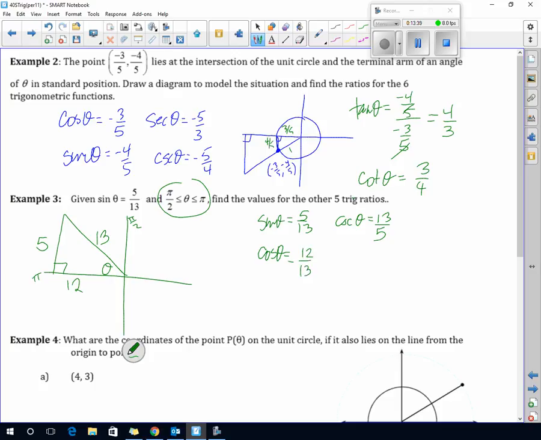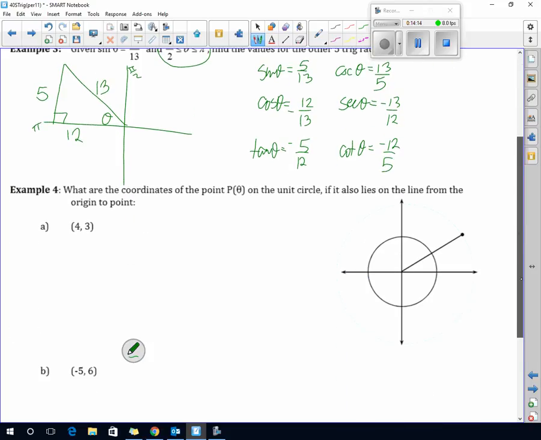Negative, and the reciprocal of cos is secant theta, so that would be negative 13/12, yeah? Next one, tan theta, what's that equal to? 5/12, positive or negative 5/12? Negative in that quadrant, and so that means cotangent would be negative 12/5. Pretty easy, hey?